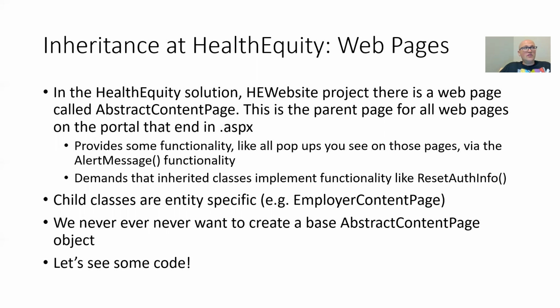We would have hundreds of methods on web pages to update that. But because they all are inherited from abstract content page, there's one place where we have the alert message functionality, where if we change that, we're actually changing the hundreds of child classes, right? And that's the power of inheritance as well. It's much easier to maintain.